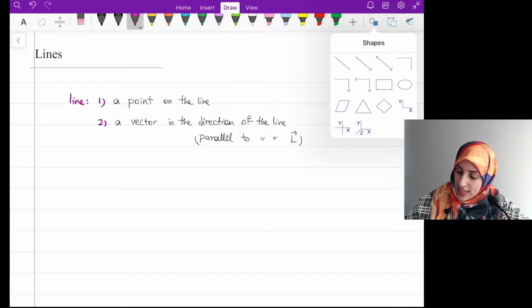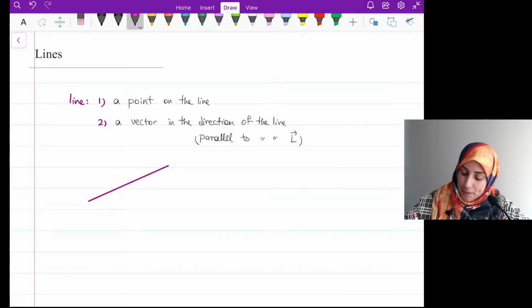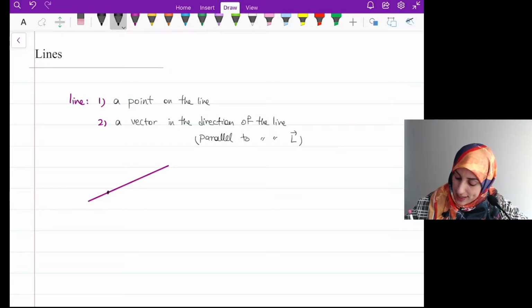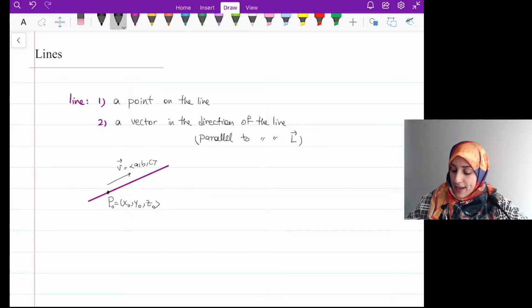Now let's see, if I have this line in here that passes through the point P0 with the coordinates x0, y0, and z0, and if I have a vector v with the components a, b, c, then any points on the line, I can write them as the combinations of P0 and v.